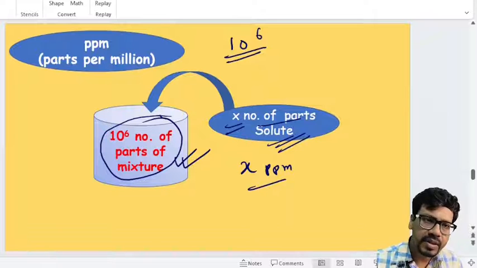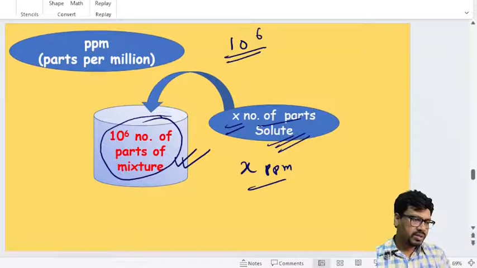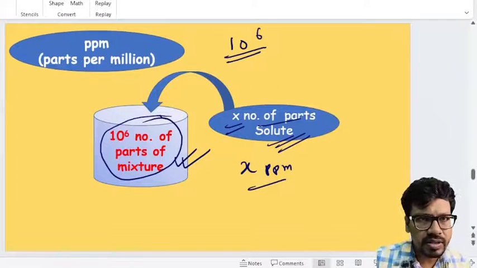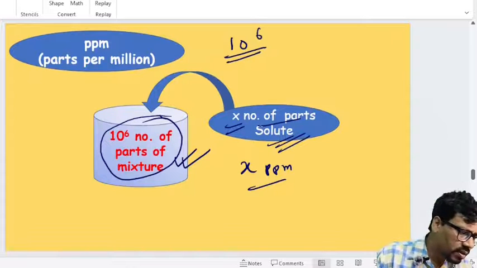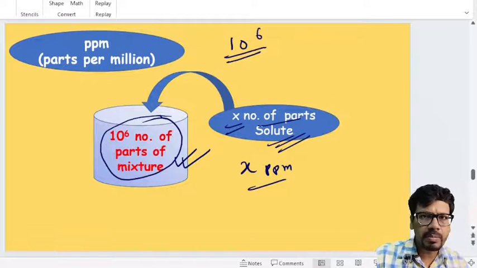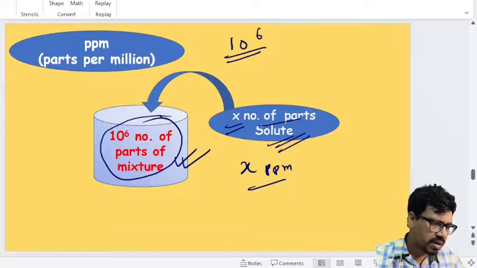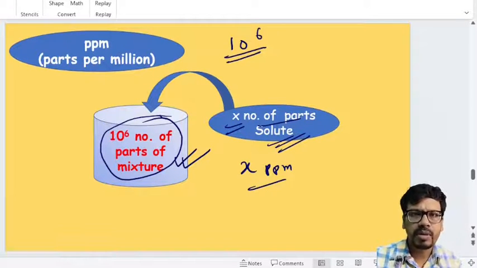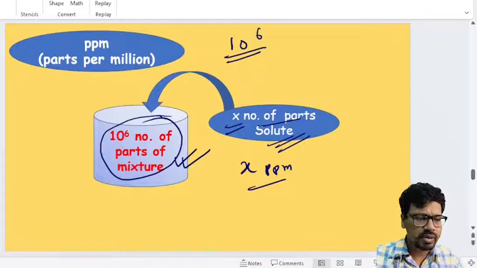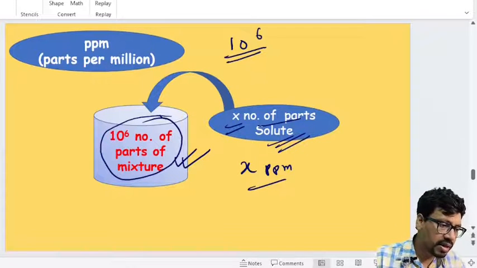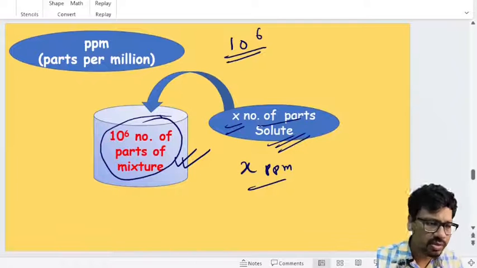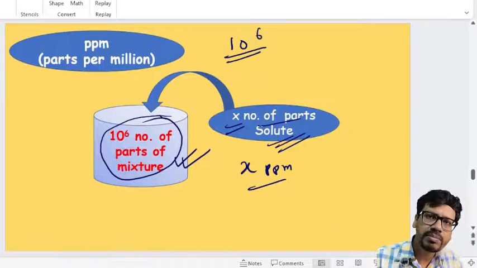This is very interesting. Million means 10 to the power 6. So you can represent any concentration term by the unitary method: in 10 to the power 6 parts of the mixture, if x parts of the solute are present, the ppm is x ppm. Clear?